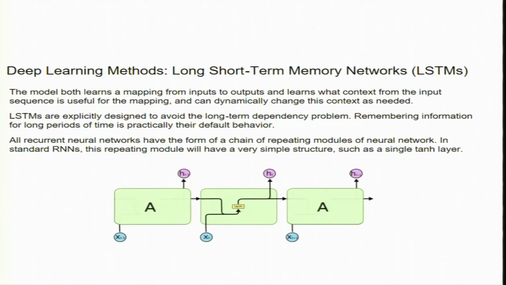Now, the deep learning method, long short term memory LSTM, both learns a mapping from inputs to the outputs and learns what context from the input sequence is useful for the mapping, and can dynamically change the context as needed.